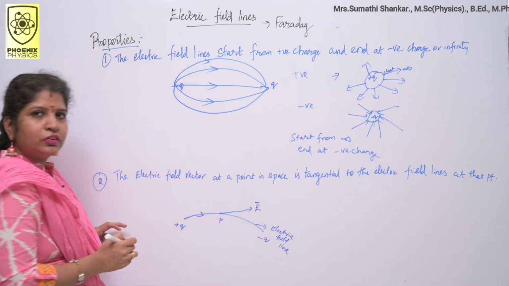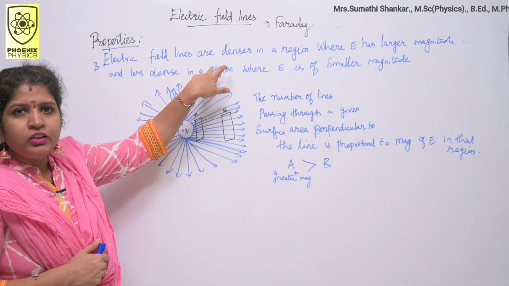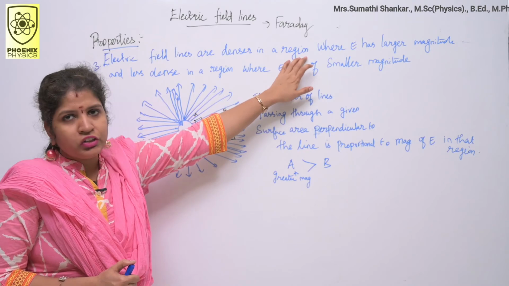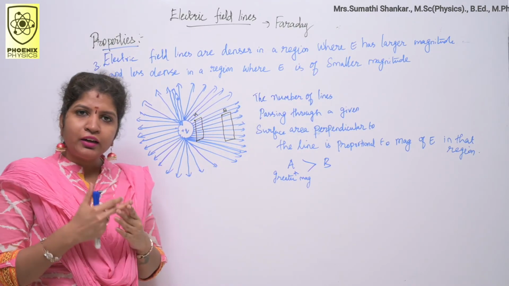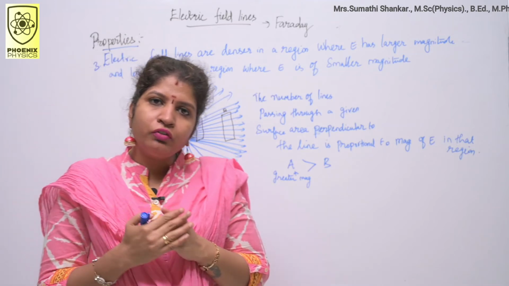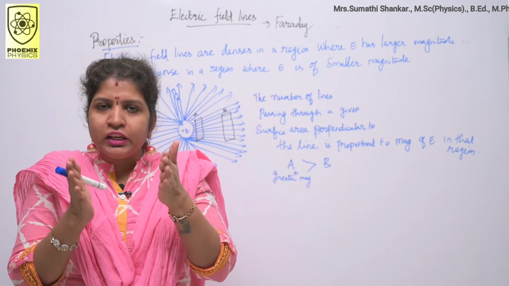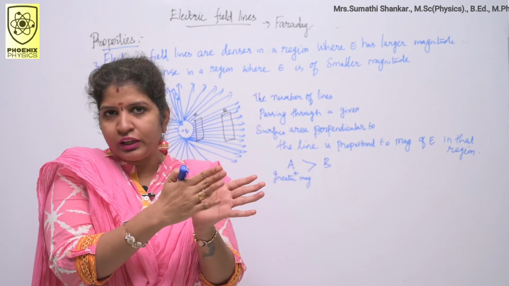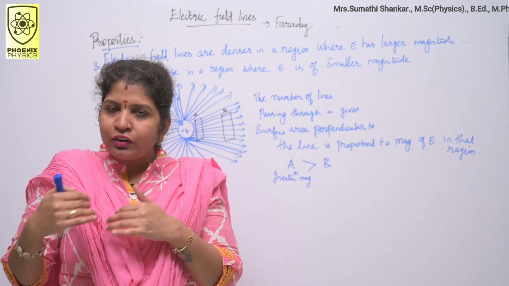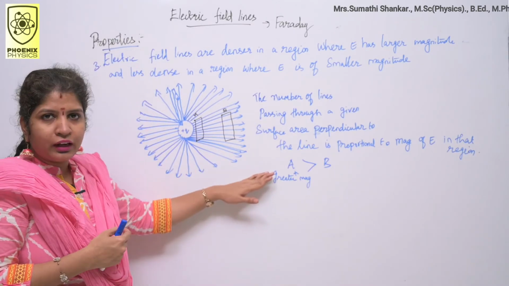This is the second point. Third point, electric field lines are denser in a region where E has larger magnitude. I have already said the magnitude of E is represented by the density of the lines. E is strong near the charge, so the density of lines is more near the charge. Away from the charge, E is weaker, so we can see well separated lines.